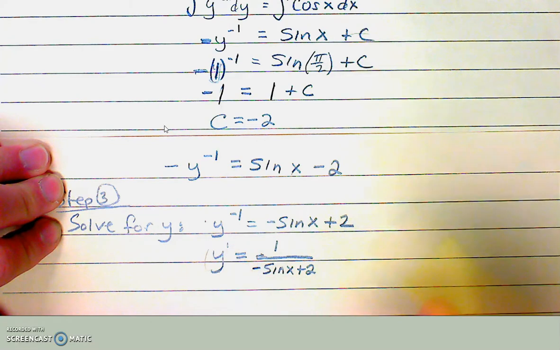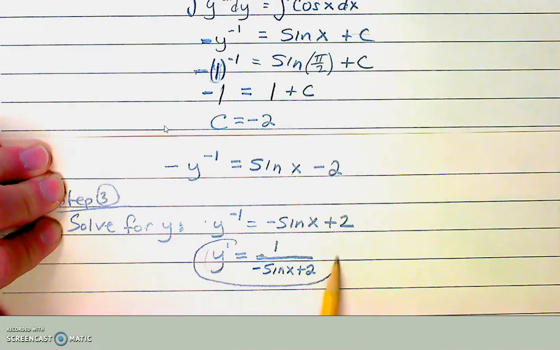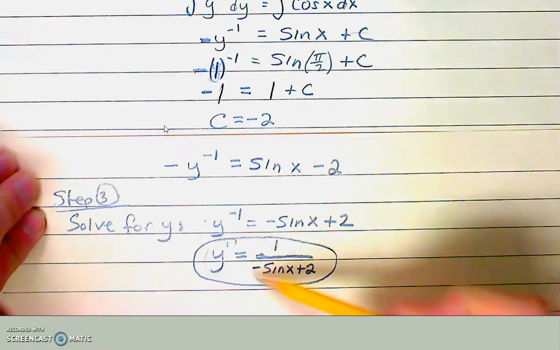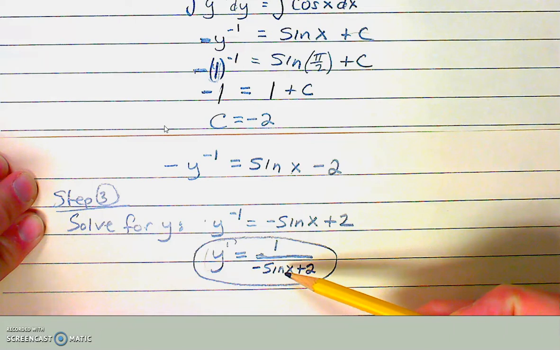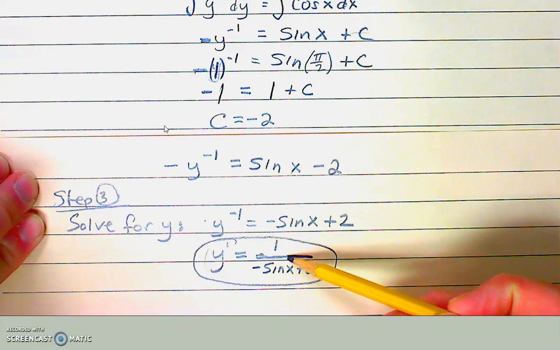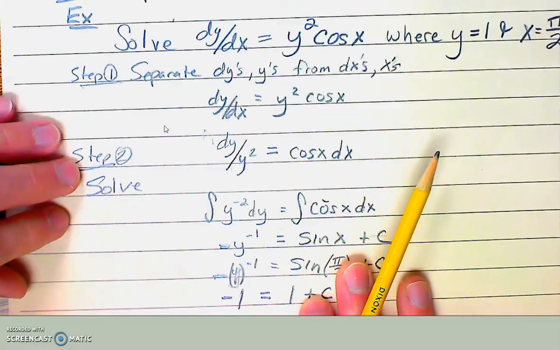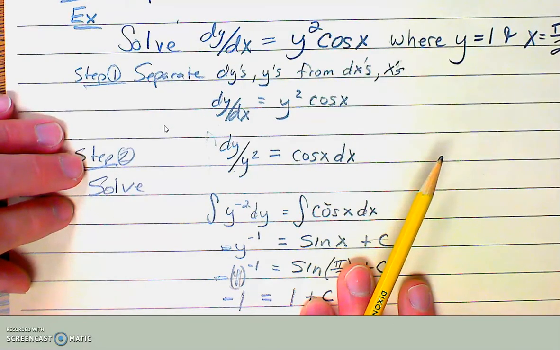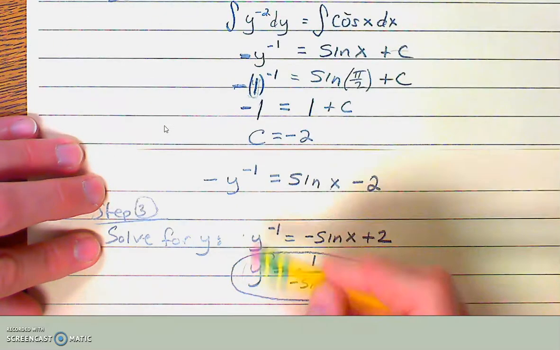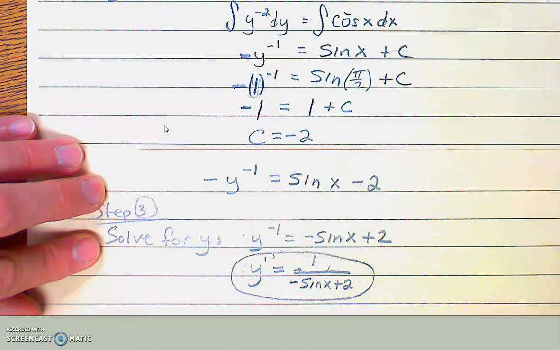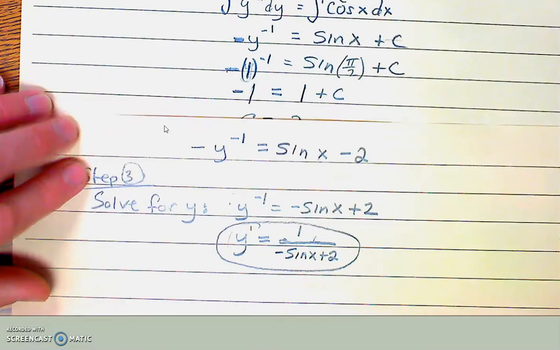And that's our answer. So y would equal 1 divided by negative sine x plus 2. That is the exact function that if you found the derivative of this, which we can do, would get us all the way back to what dy dx is equal to. That pretty much concludes the video.